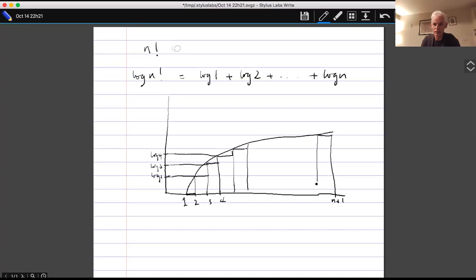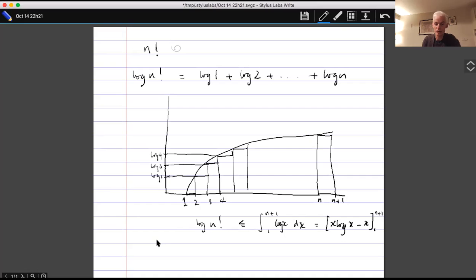So we get that log n factorial is less than or equal to, just by looking at this diagram, the integral from 1 to n plus 1 of log x dx, which is x log x minus x from 1 to n plus 1.